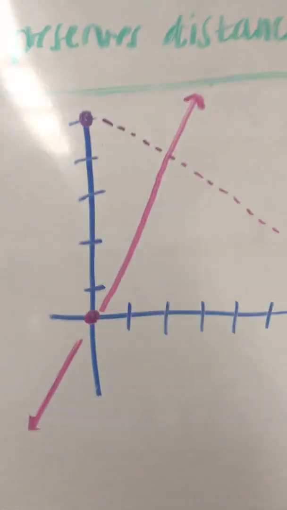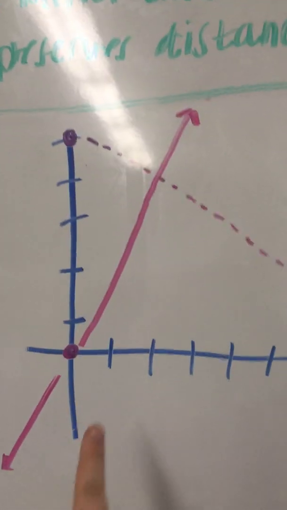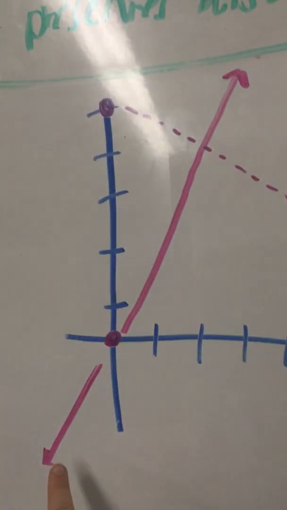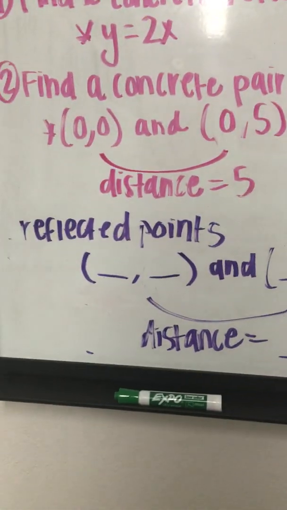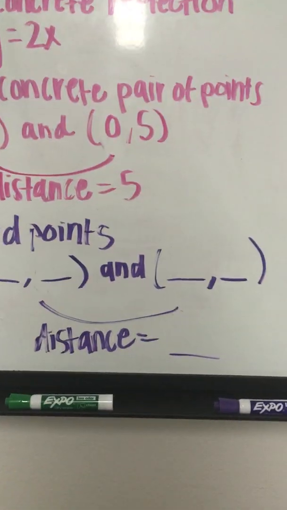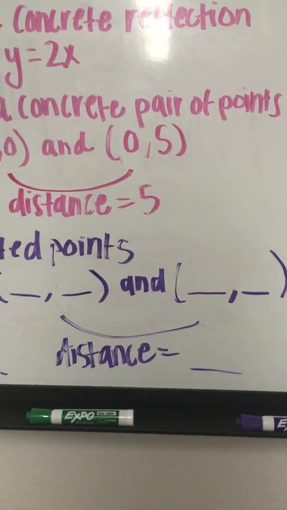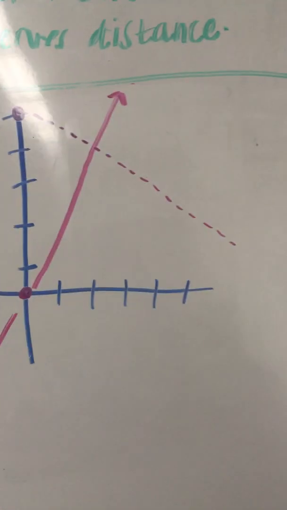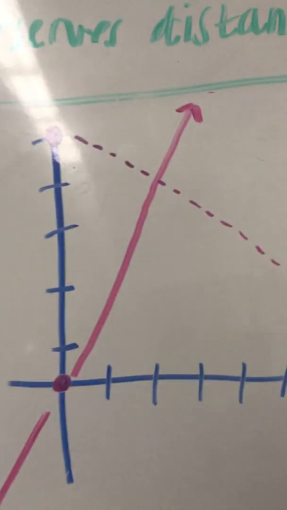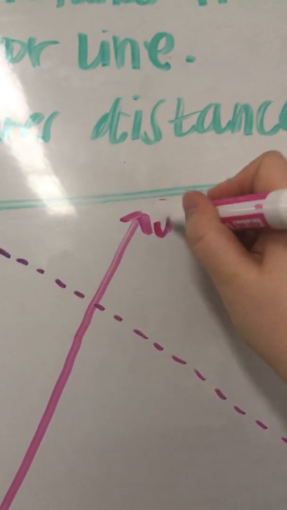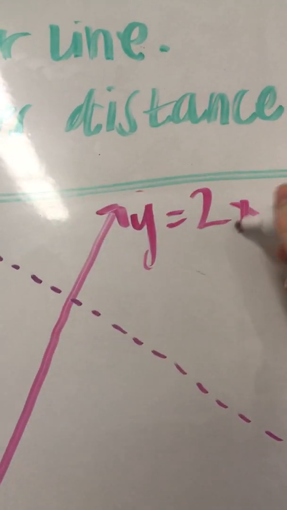And so drawing that over here, we have (0, 0) and (0, 5). And this is our y equals 2x. So what we need to do is find the reflected points and see what their distance is. And so, looking over here, this, like I said, line is y equals 2x.